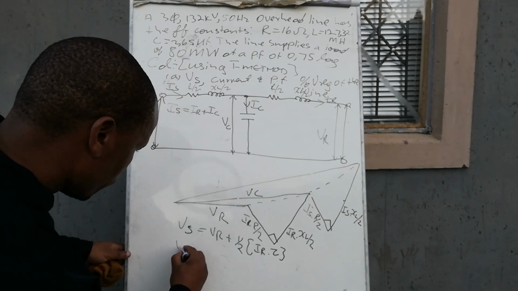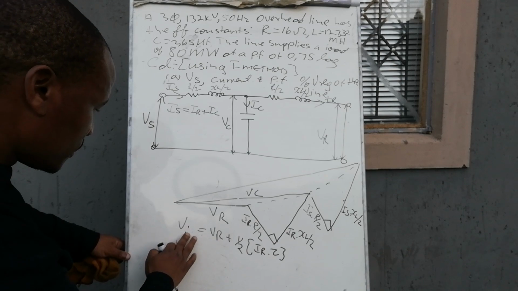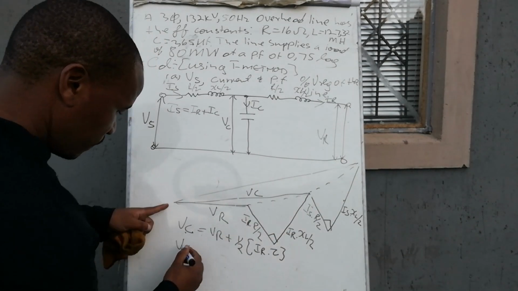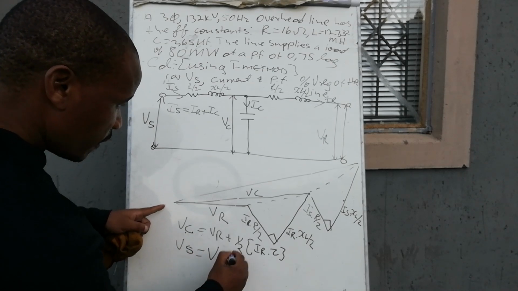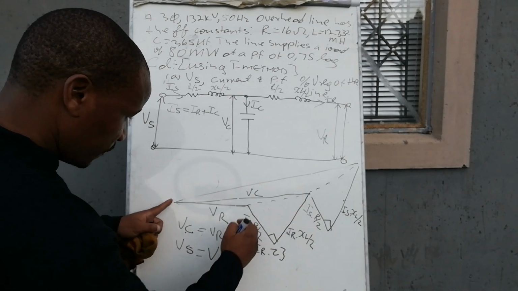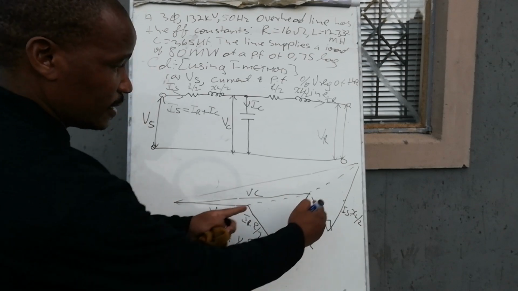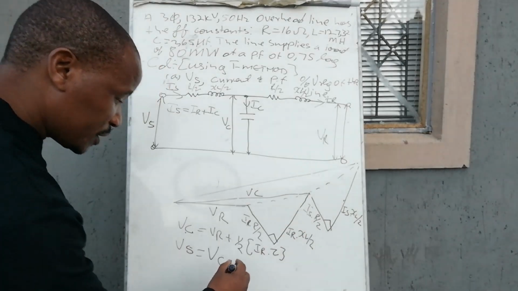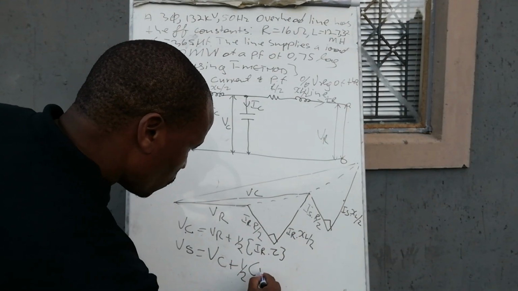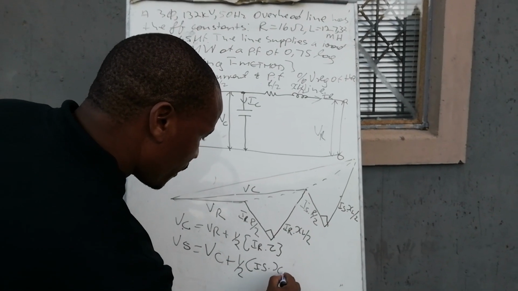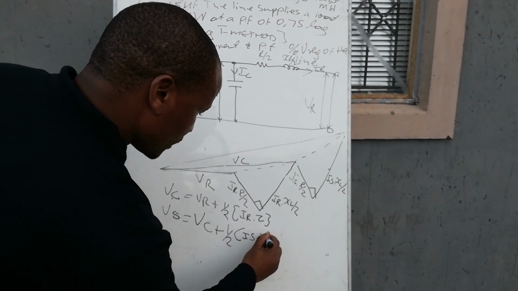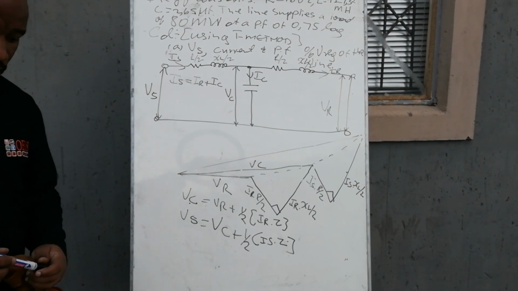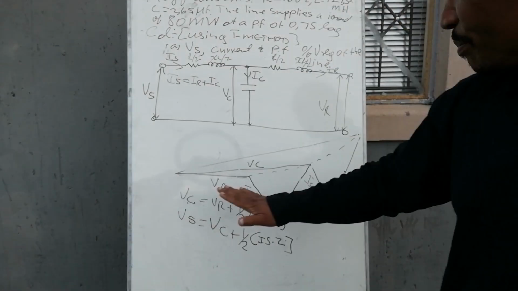And then this is VC. Now VS is equal to VC plus that voltage drop, which is half into IS multiplied by Z. I think we should be happy with this, guys.